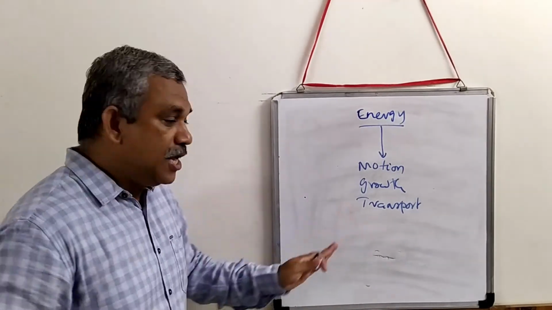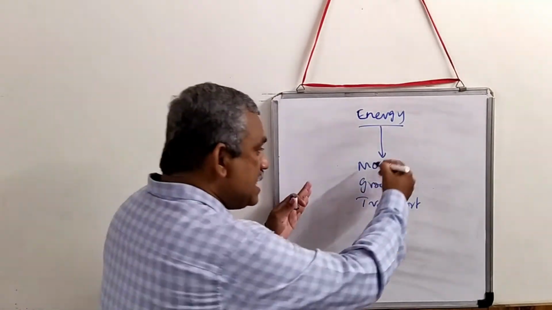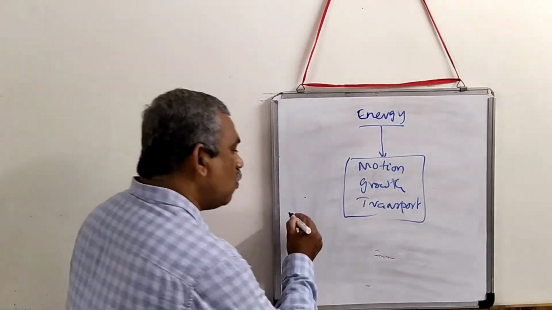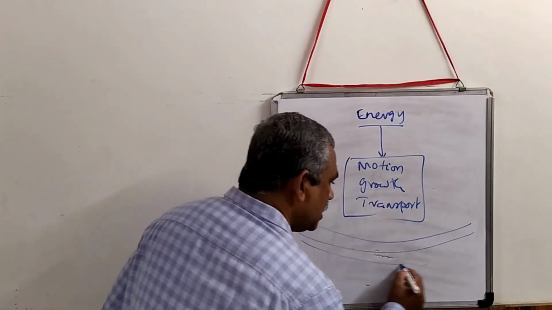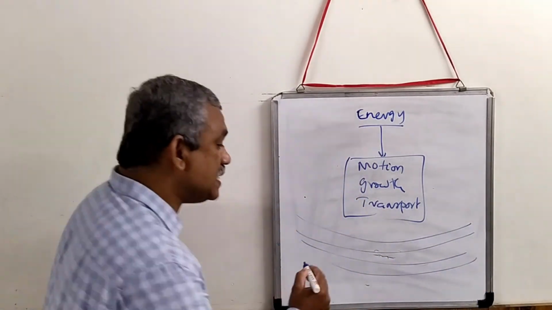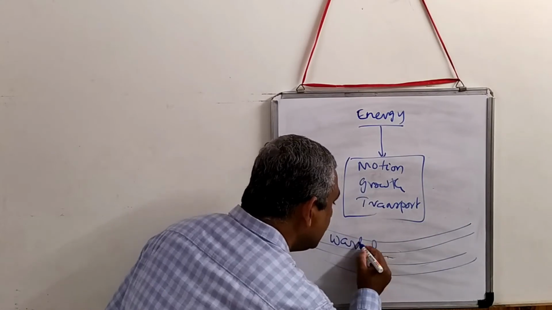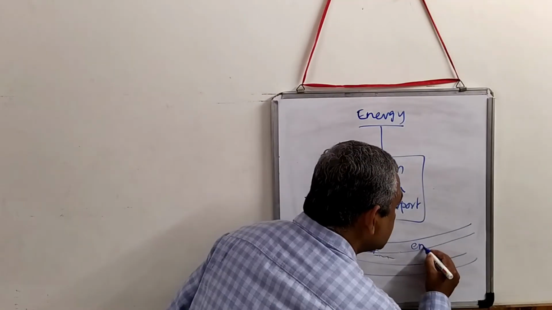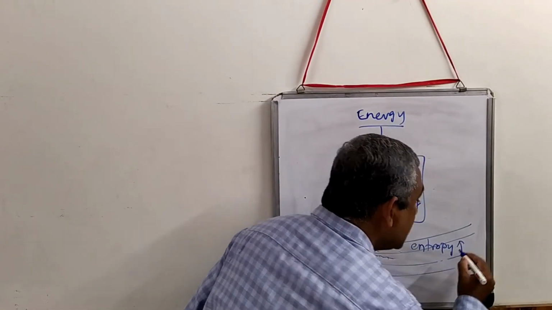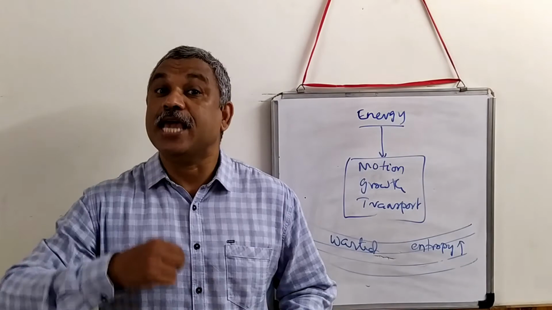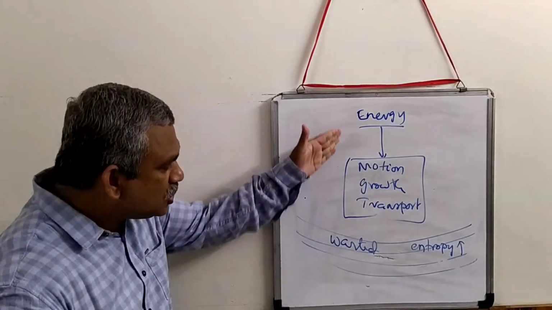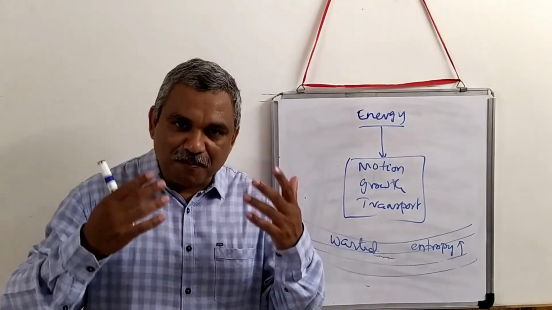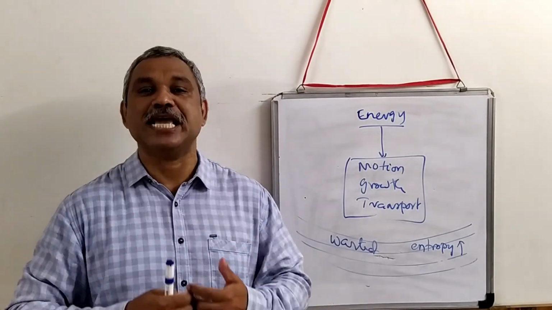Once these are carried out, in the process a lot of energy is liberated; in fact, a lot of it is wasted. And we say that the entropy of the system will increase in every metabolic reaction. This is the underlying principle that we need to keep in mind as we proceed with the series of lectures in metabolism.